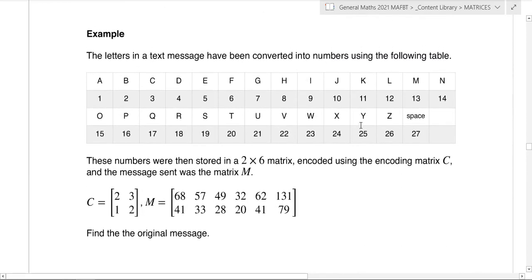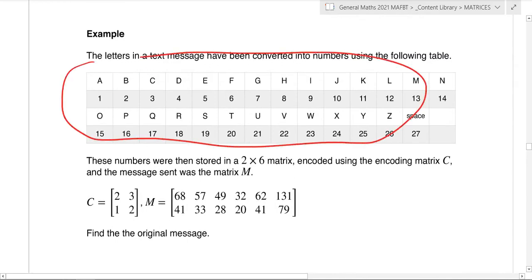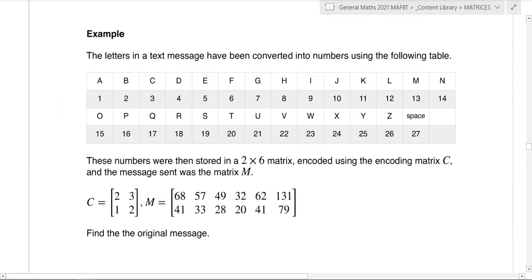So here's an example, and this is what you'll find. The letters, this is what you'll be using in a lot of the examples in the questions, and also in your SAC and your practice SACs. So you'll use this key as a way to correspond to certain letters, because the next part is going to be about decoding a matrix.